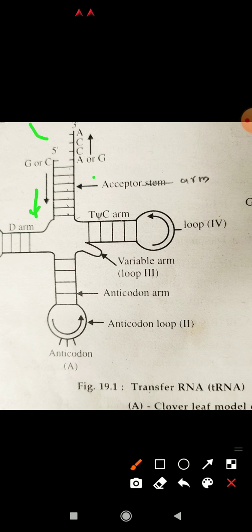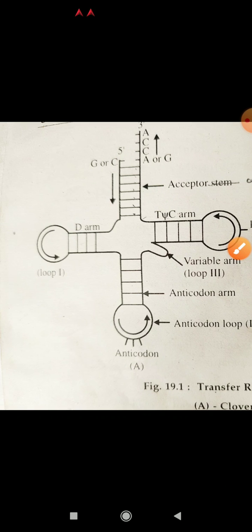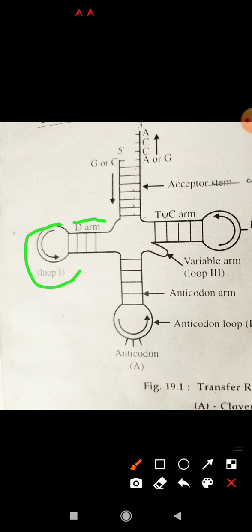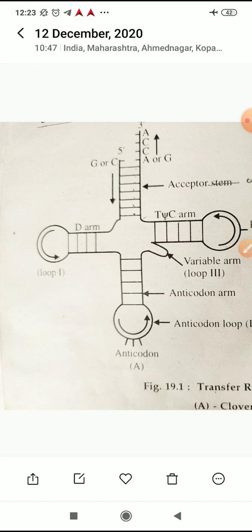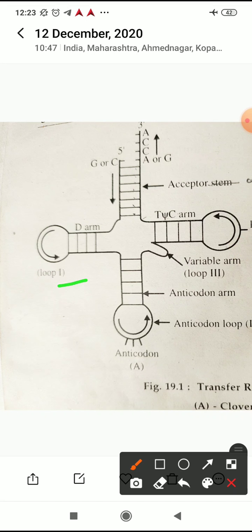Actually, this sequence is called as a acceptor stem or acceptor arm. Then see here, this is the D arm and it is folded around, and this is loop 1. Here you see loop 1, and this is D arm where hydrogen bonds are produced in between the bases.